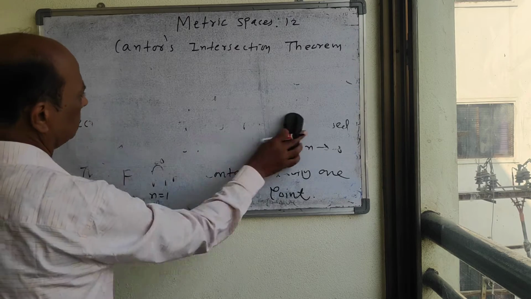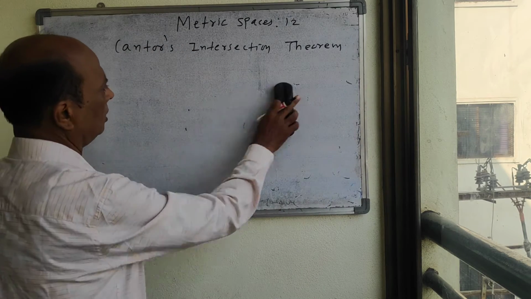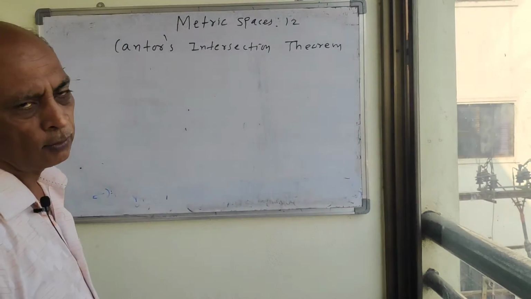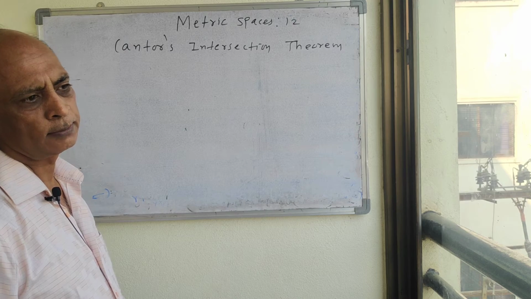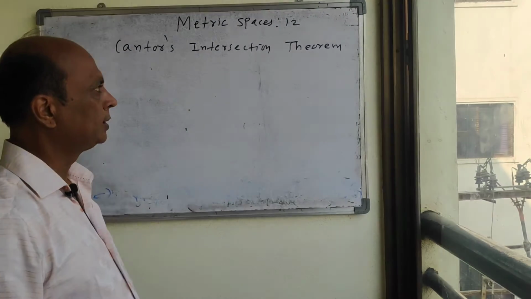Before starting the proof, we will clear some points which are required, that is the decreasing sequence. In the last year syllabus there was an article on the decreasing sequence.